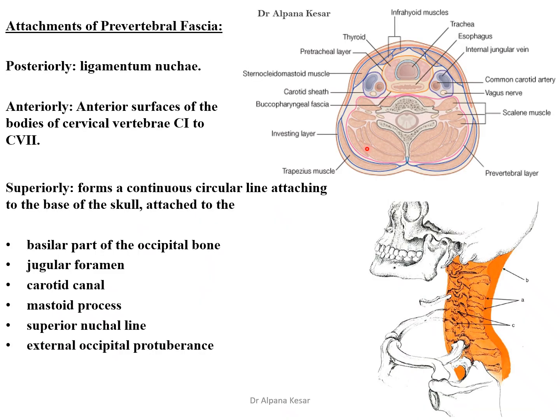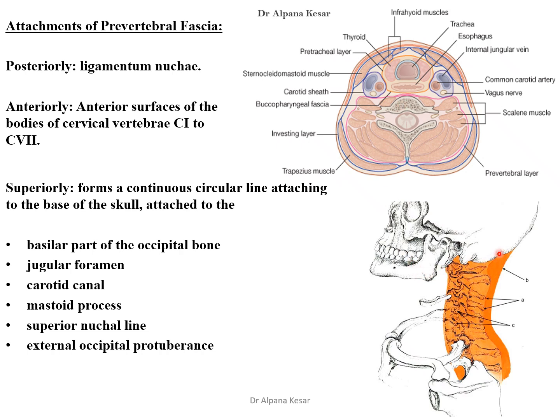Attachments of the prevertebral fascia. Posteriorly, it is attached to the ligamentum nuchae. Anteriorly, prevertebral fascia is attached to the anterior surface of the body of the cervical vertebrae from 1st to 7th cervical vertebra.